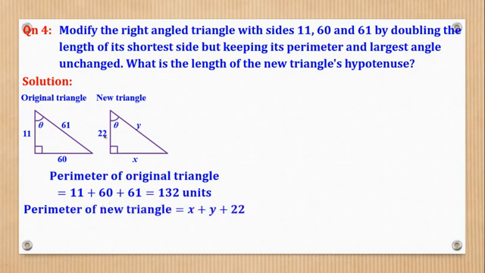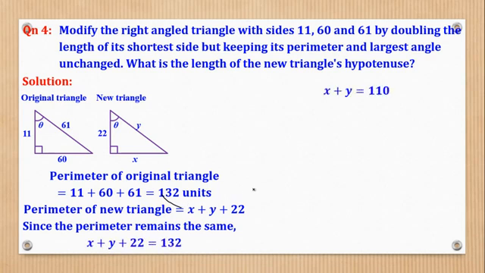Perimeter of the new triangle, you add this to this to this to give you that. So the good thing is they told us, keeping its perimeter and largest angle unchanged. So the perimeter remains unchanged, meaning I'll equate this to this.